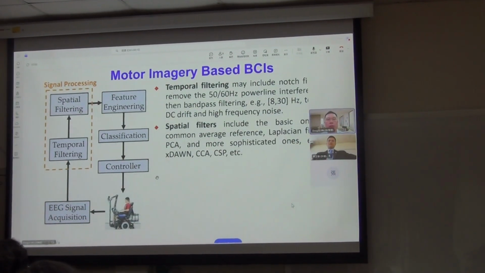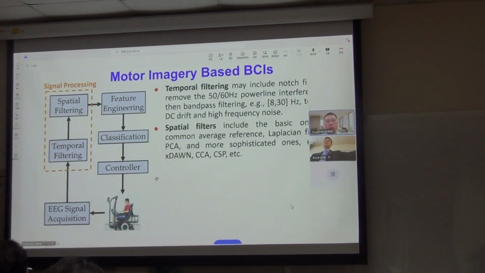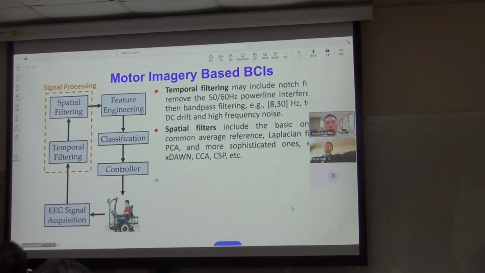In the next part of my talk, I will introduce how we can use a fuzzy-set-based approach to extend common spatial filters for motor-imagery-based BCIs to regression problems.